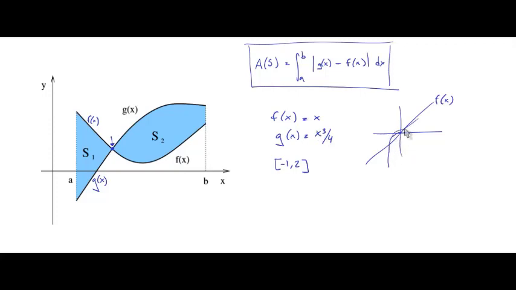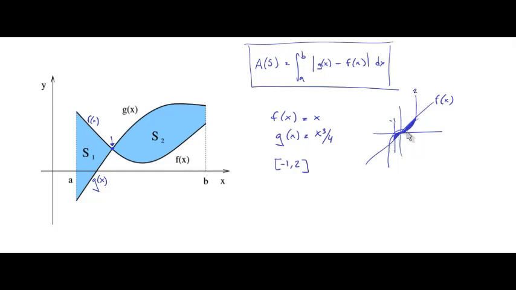Between minus 1 and 2 we have this and this. This is the area that we want. This is minus 1, this is 2.